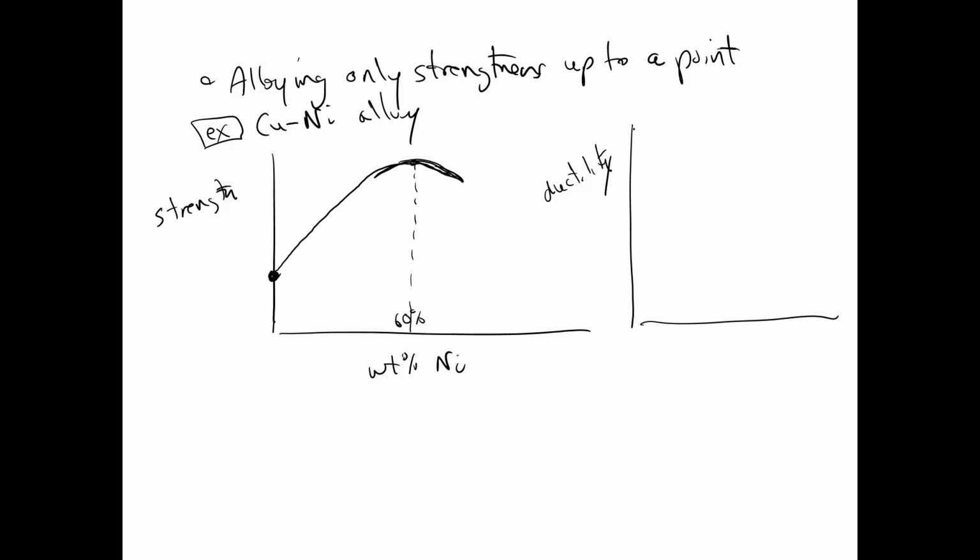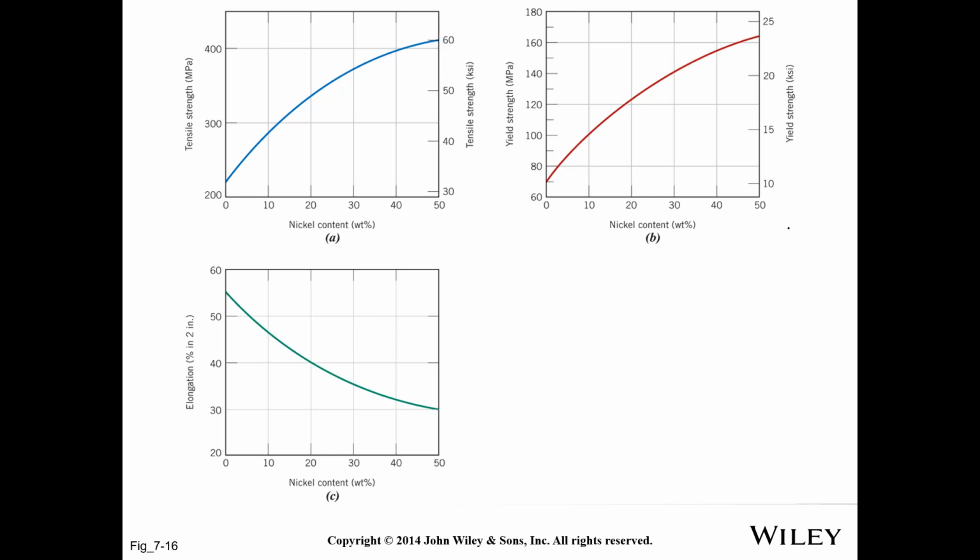The ductility goes down and hits a minimum at 60%. So there's an inverse relationship between strength and ductility. The stronger we make things, the less ductile they are. And that's shown in these figures from your book. It shows that the ductility, which is down here, goes down. It gets a minimum, a minimum where the strength is a maximum.